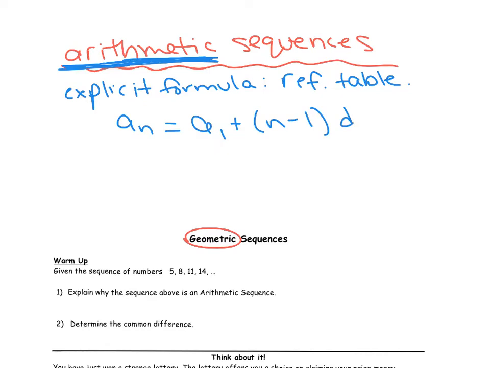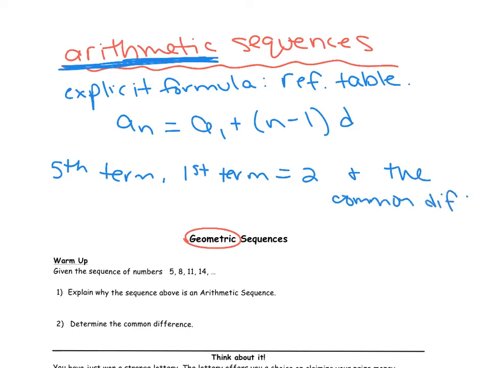So if I said find me the fifth term, given that the first term is 2 and the common difference is negative 3, the fifth term means n equals 5.